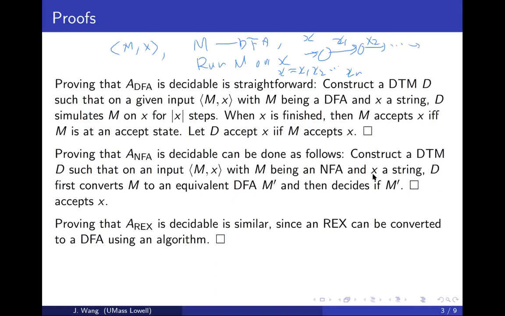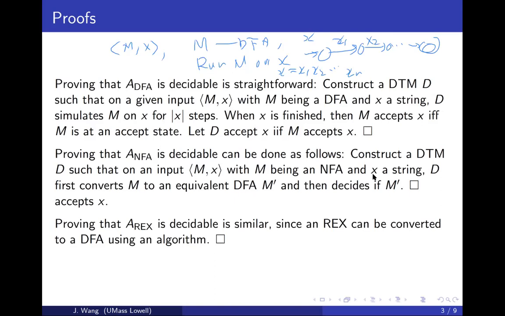If there is a path that ends in an accept state, then this Turing machine D accepts x, otherwise it rejects it. After you finish reading your input x and it does not end at an accept state, then this Turing machine D rejects it.